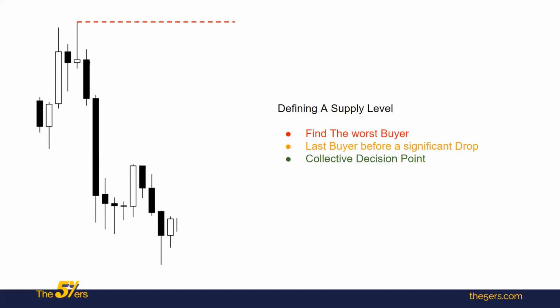This is all bounce, but we see that from that candle, price had started the big drop. So this is the last dip before price had started making a significant move, right? So on this close, this will be our collective decision point.